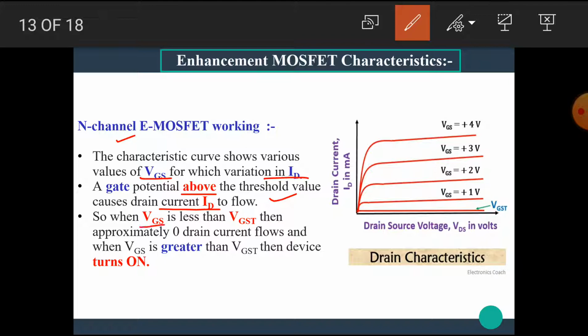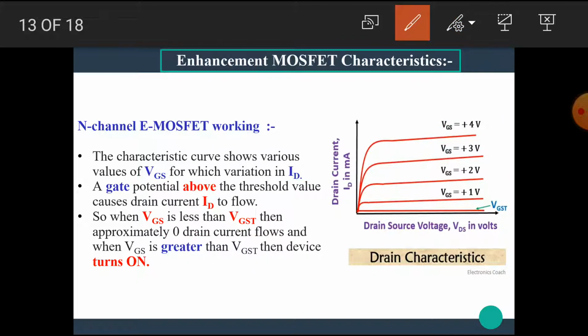So when VGS is less than VGST, approximately zero drain current flows, and when VGS is greater than VGST, then the device turns on. The device turns on in this condition, that means VGS has a positive value.